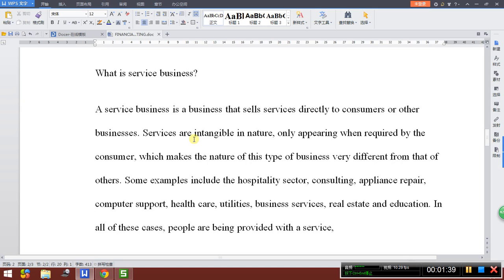There are so many different businesses that belong to the service business. All in all, in all of these cases, people are being provided with a service. So the people are the main part in the service business.